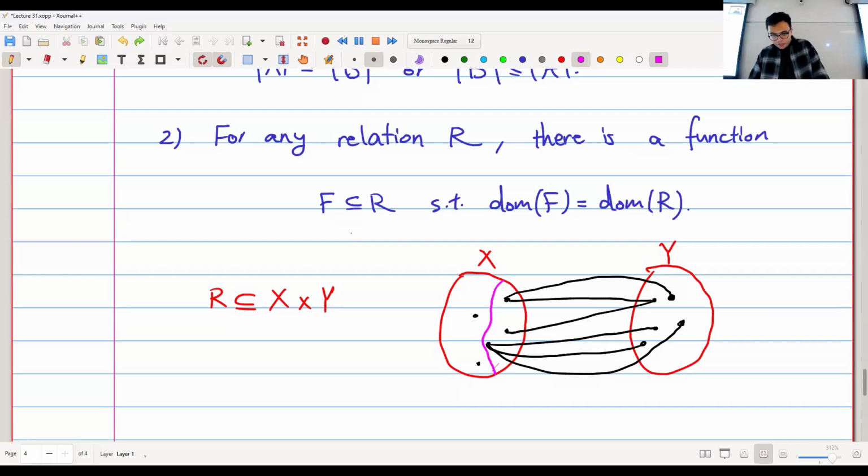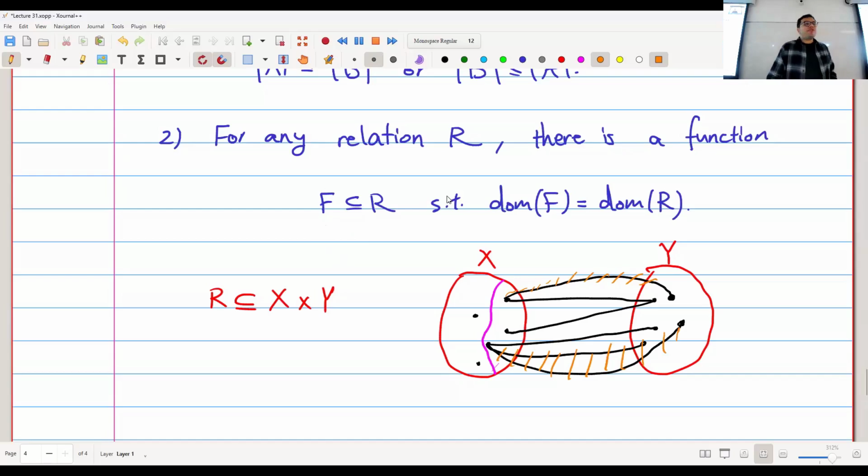I have to go over every element of the domain, and if it's in relation with several elements in Y, I have to choose only one. If there are several edges going out of this vertex, I'm going to say, forget about this one and only keep this one. This one already has only one, so I'm going to keep it. This one has 3 edges going out, so I'm going to remove 2 of them. This is a function which is a subset of my original relation. All this axiom is saying is that for every relation, you can do this. You can find a function that is a subset.